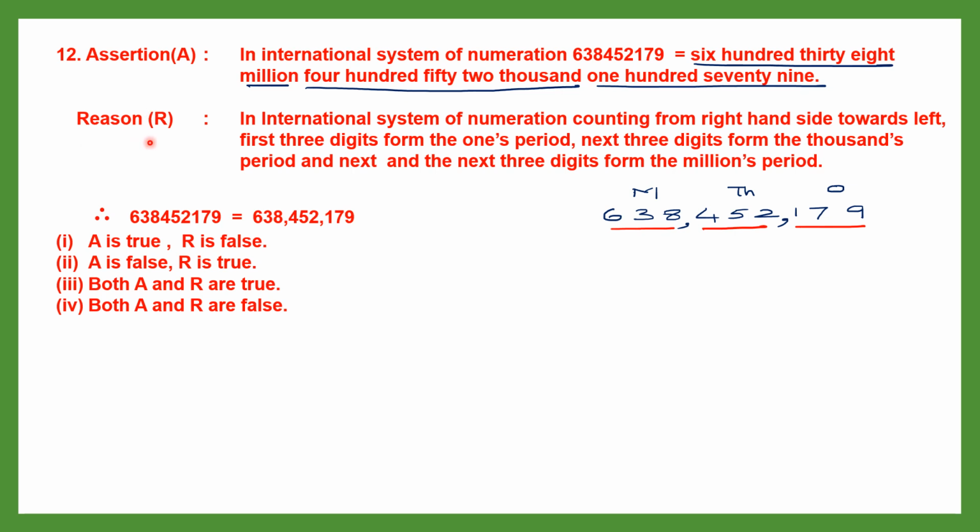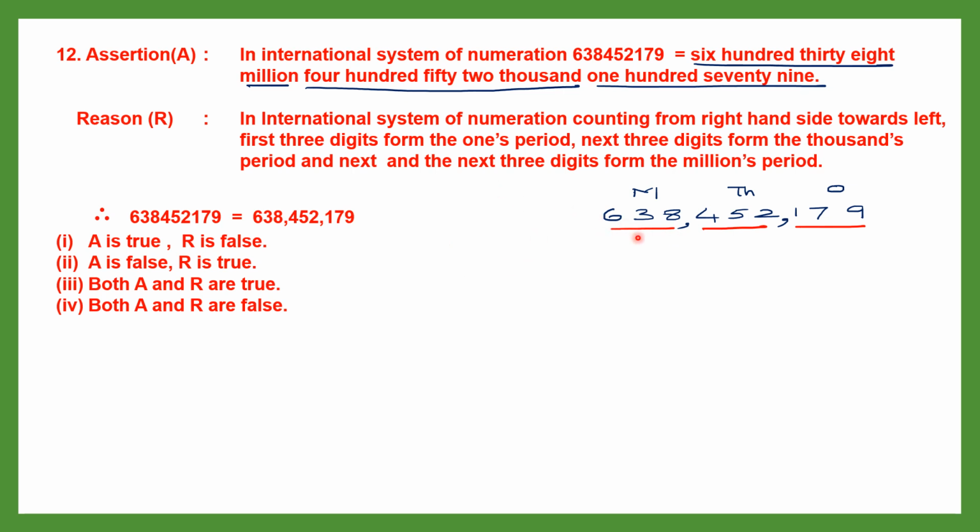Let's go to the reason. In the international system of numeration, counting from right hand side towards left, the first 3 digits form the ones period. Correct. The next 3 digits form the thousands period. And the next 3 digits form the millions period.